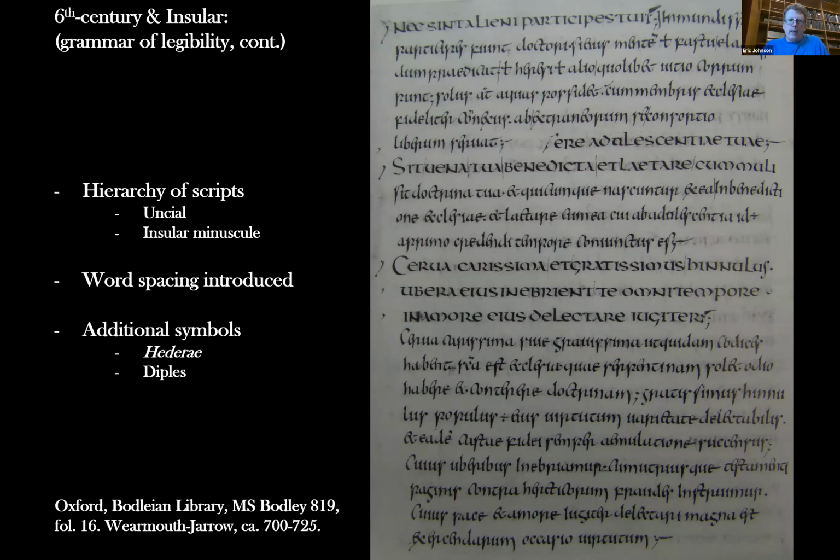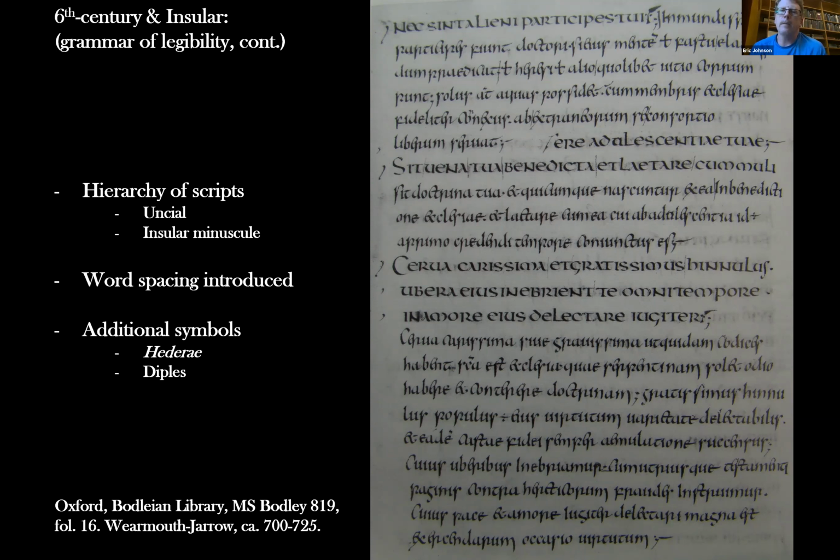In terms of the hierarchy of scripts, we have two distinct forms of handwriting: uncial handwriting and insular minuscule, and no doubt you will remember these from Professor Lockett's lectures. In conjunction with these, we also have additional symbols: the hedera, which is kind of a leaf-like symbol, and diples. And diples are these little things that look vaguely reminiscent of quotation marks, and that's exactly the purpose they serve.